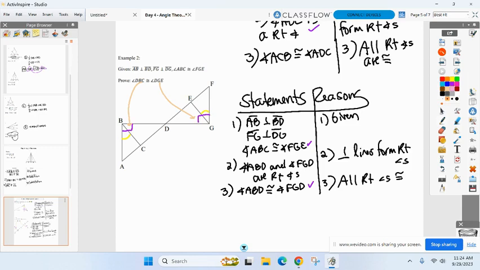Subtract them for me. Now I can subtract the right angles from the given angles. Perfect. So angle ABD minus the angle ABC is equal to the other right angle, angle FGD minus angle FGE, yep.